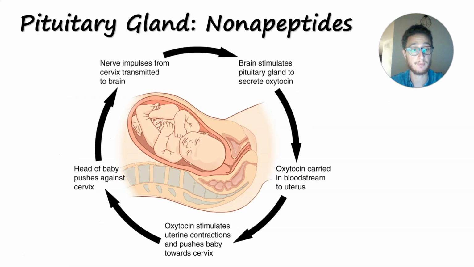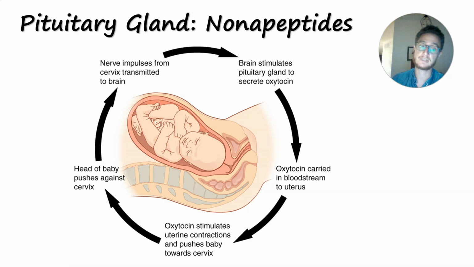That's a bit of a memory refresher from last week. So pressure on the cervix sends an electrical impulse to the brain. The brain processes that information and makes its way to the hypothalamus. The hypothalamus releases oxytocin, which is going to cause the uterus to start to contract. As the uterus contracts more, it increases the pressure on the cervix, positive feedback, until we've released enough oxytocin that those contractions are strong enough to push the baby out.